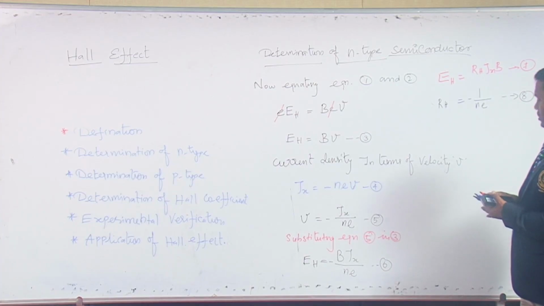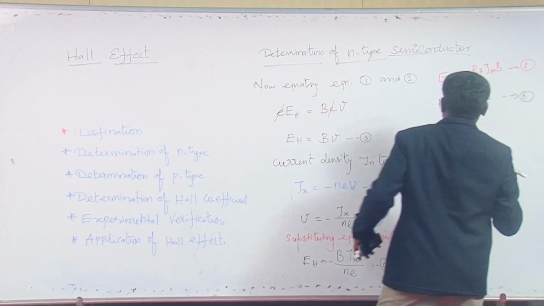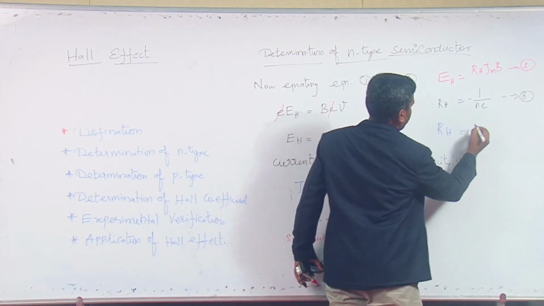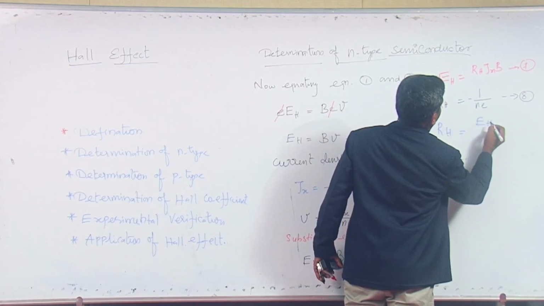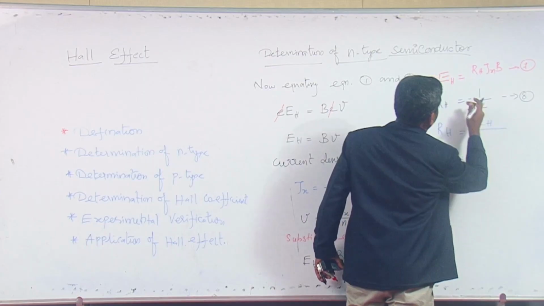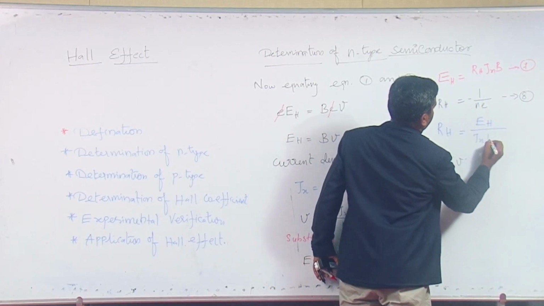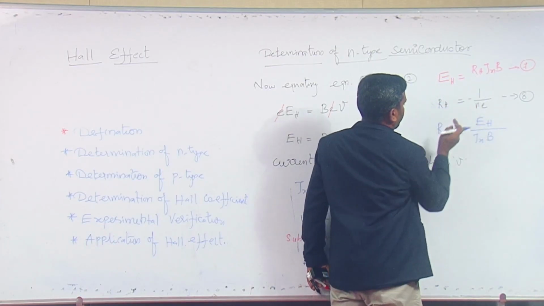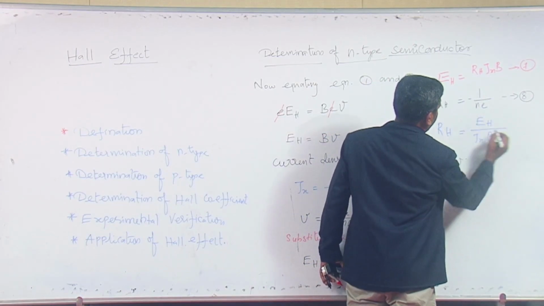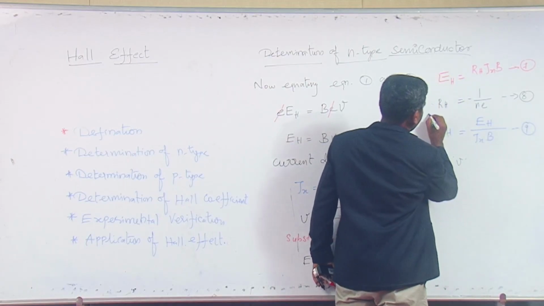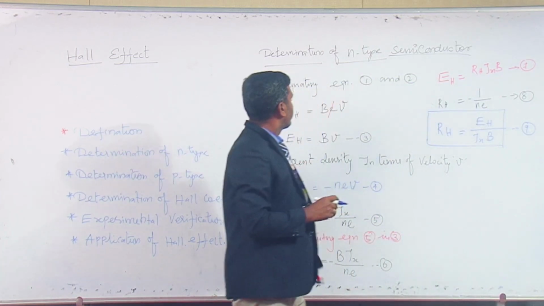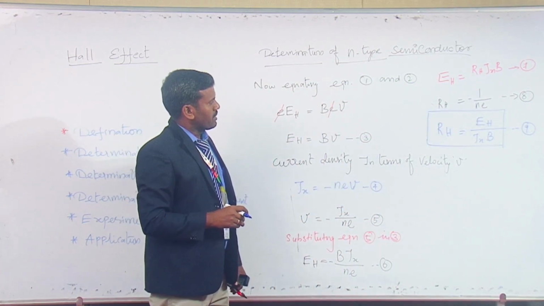From equation 7 you can write the Hall coefficient RH is equal to EH divided by Jx into B. This is equation number 9. This is the determination of N-type semiconductors.